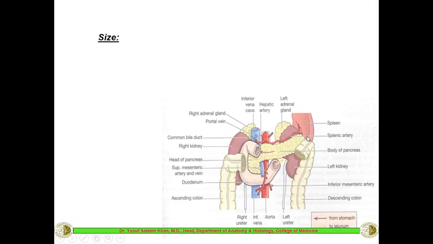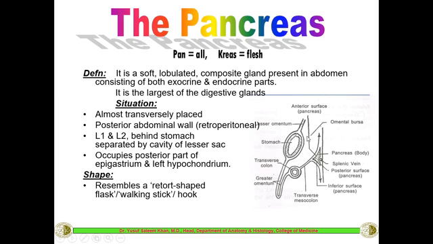It is almost horizontally or transversely placed, near the posterior abdominal wall and behind the peritoneum. That's why it is retroperitoneal. This is how it looks when you have a side view of this gland.